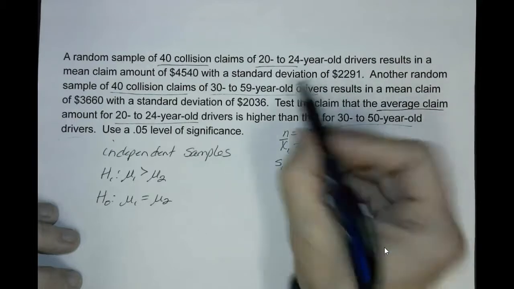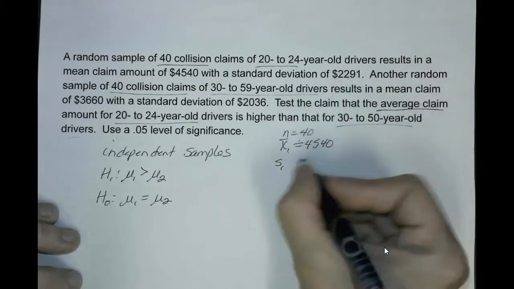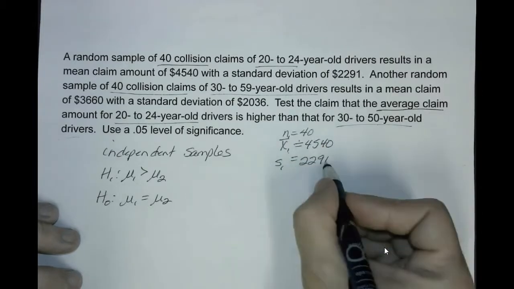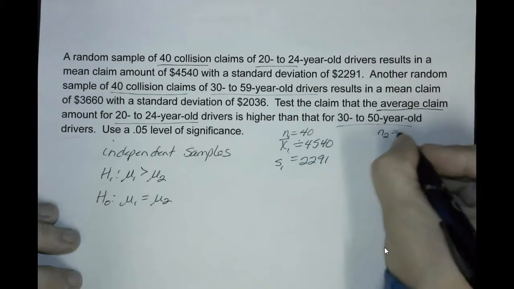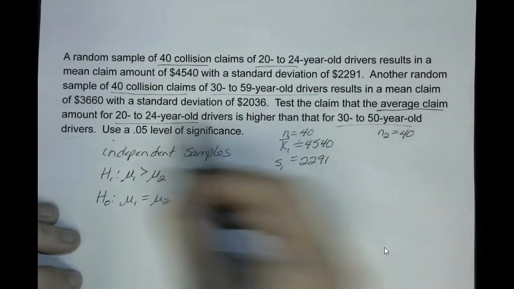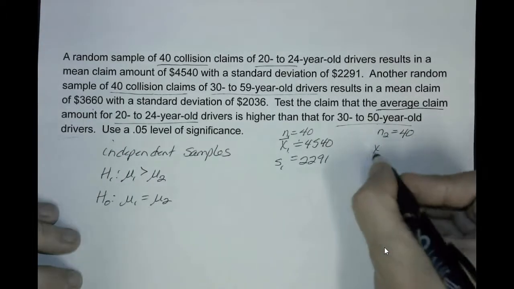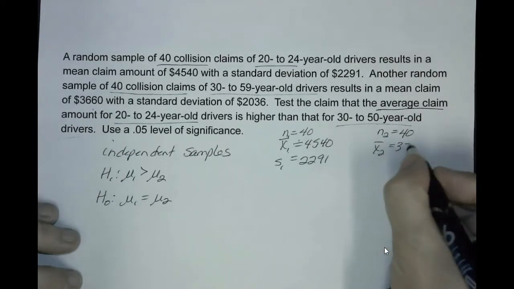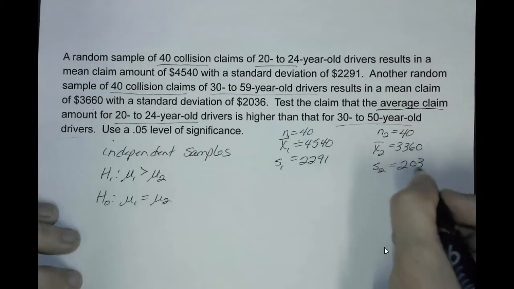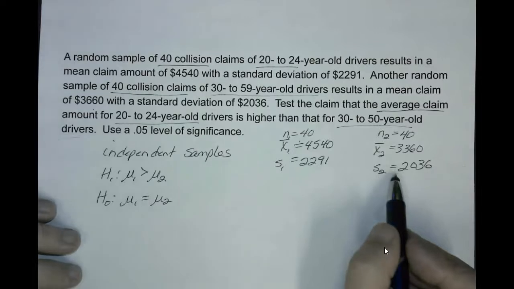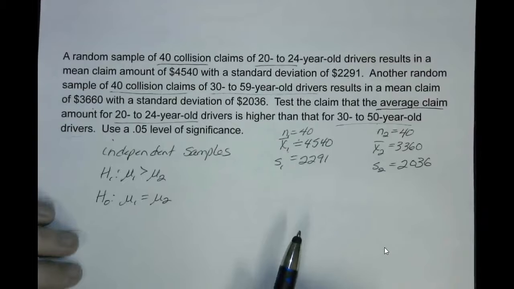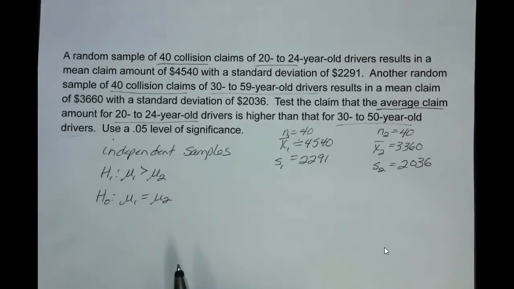The s1 is the sample standard deviation, so that's the 2291. So this is all from your first sample. From your second sample, we also had 40 claims, so that is 40. The mean was 3660, and the standard deviation was 2036. So on this, if they're wanting you to do something with this, they have to give you those sample statistics for the two different samples separately.